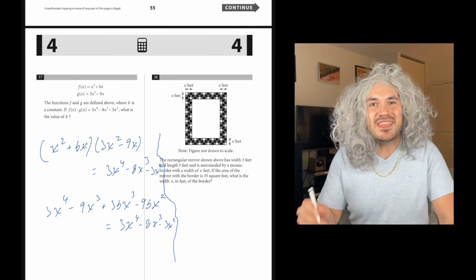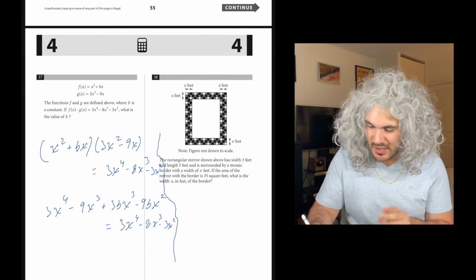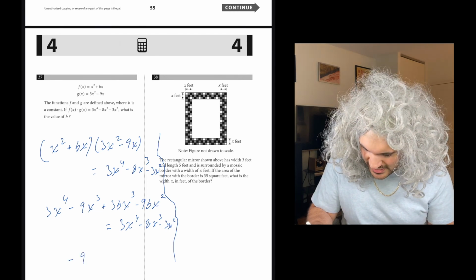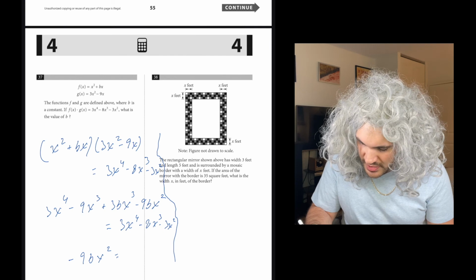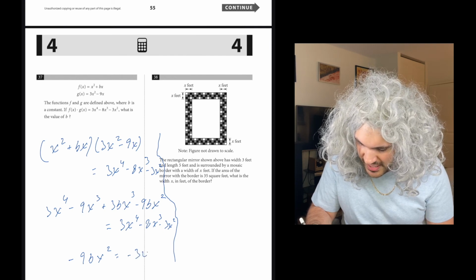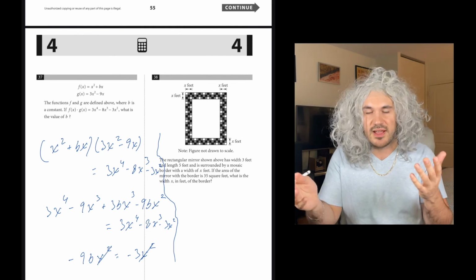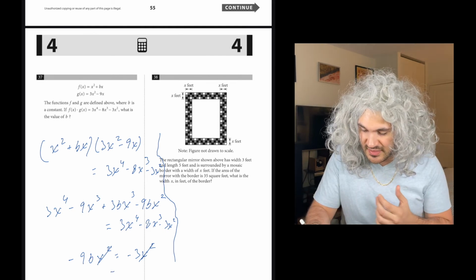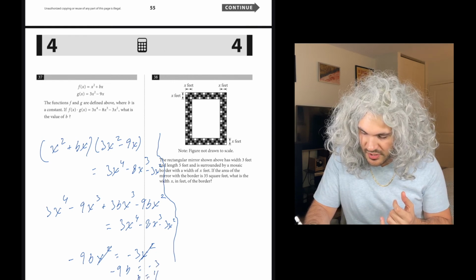So those have to be equal to each other because the number of x squared terms on each side has to be the same. So negative 9bx squared has to be equal to negative 3x squared. We can just drop the x squared from both sides, which tells us that negative 9b equals negative 3, so b equals 1/3.